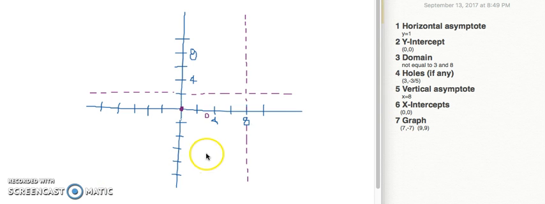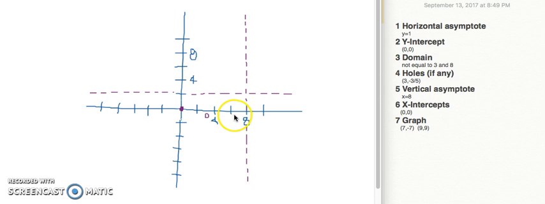Next, we put the x-intercepts, but here it's (0, 0) as the y-intercept, so we don't have to put another point there. And finally, we plot the extra points that we found so that we could know how the graph is going to behave.